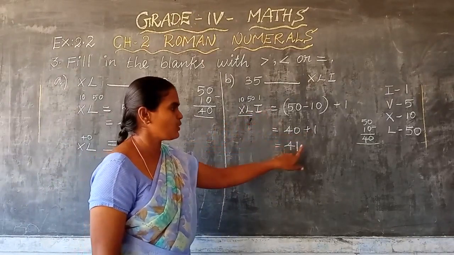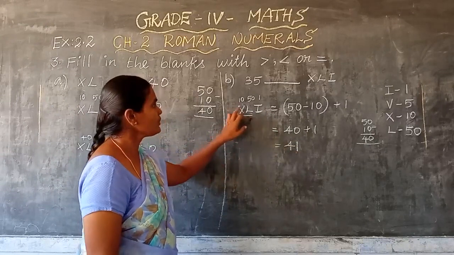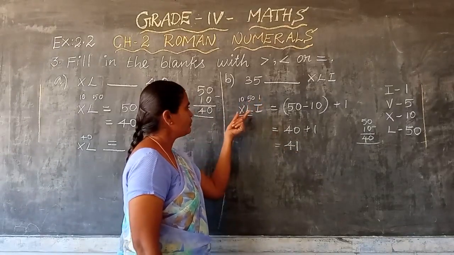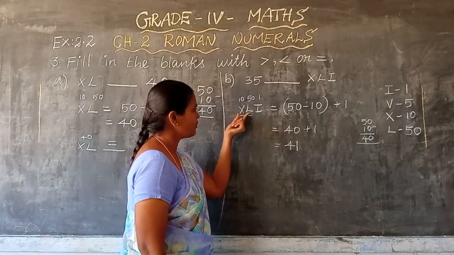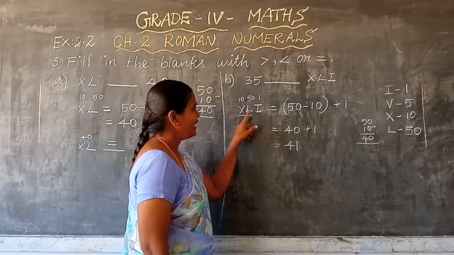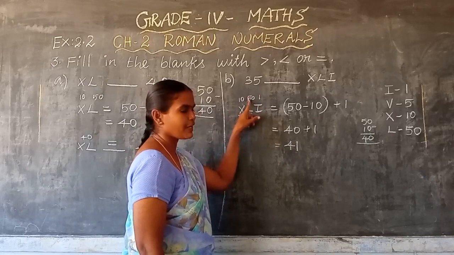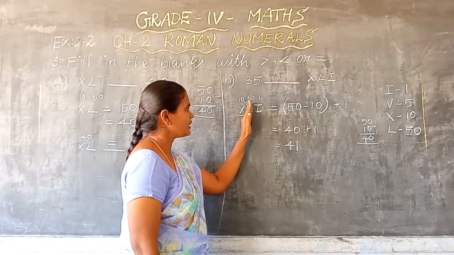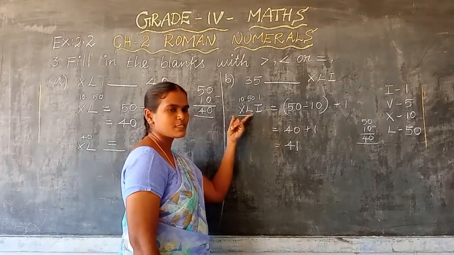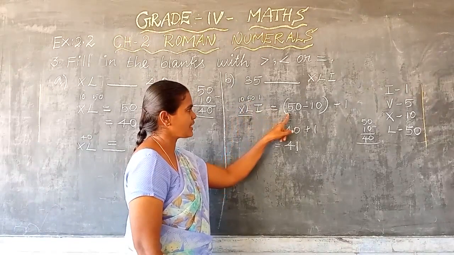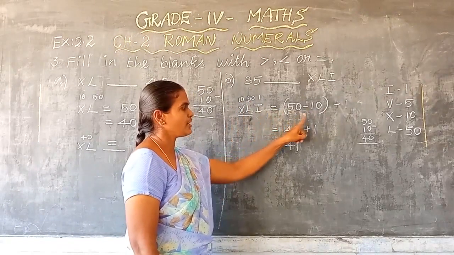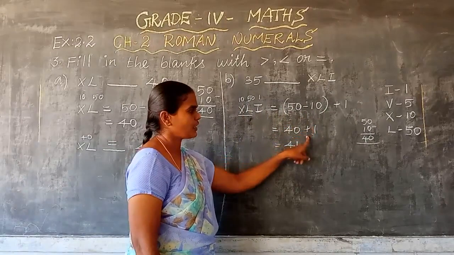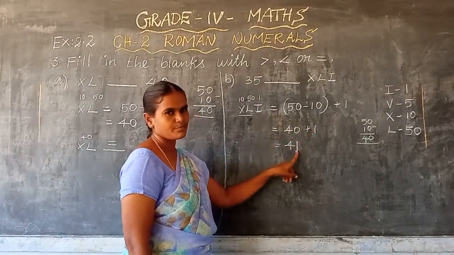So 40 plus 1 is 41. X value 10, L value 50, I value 1. First you take these two letters, XL: X 10, L 50. Which one is the greater number? 50. Greater number, left side small number means subtraction. So 50 minus 10 plus 1. 50 minus 10 we get answer 40. 40 plus 1 is 41. So 41.